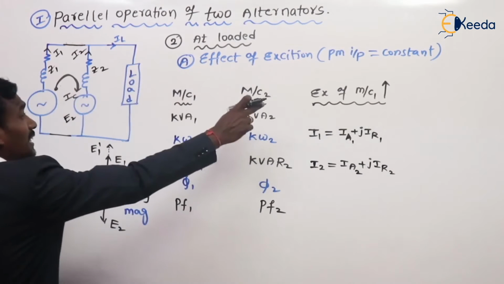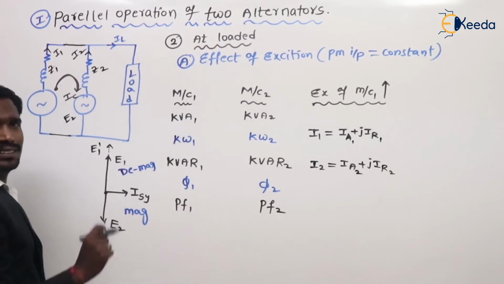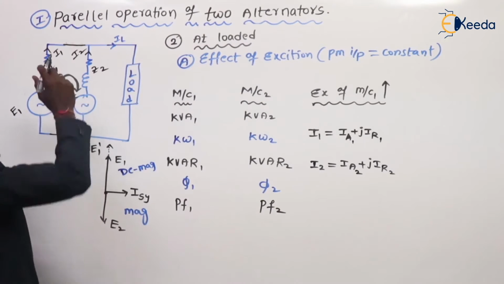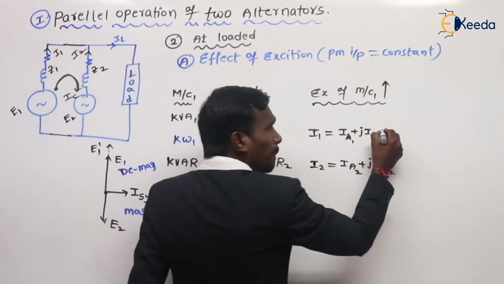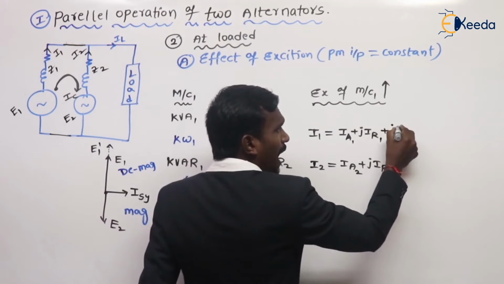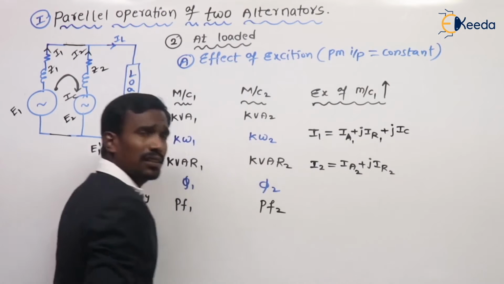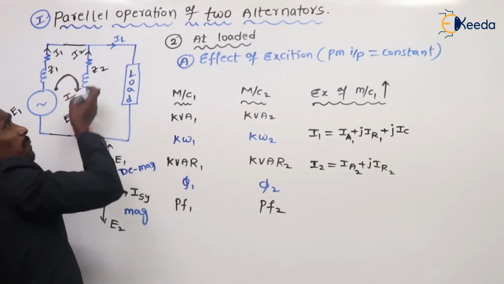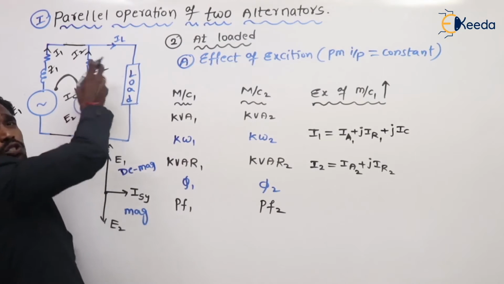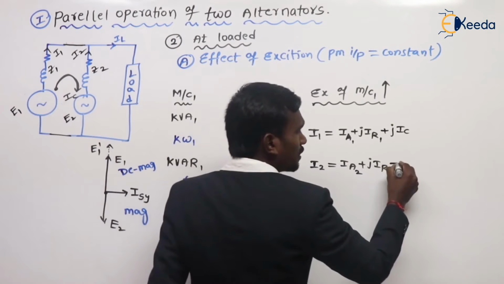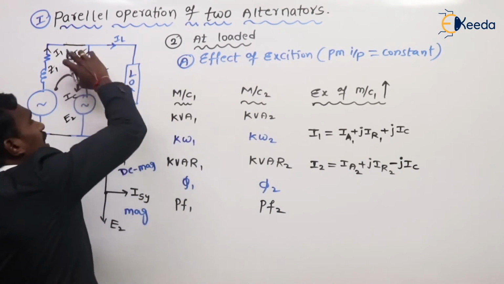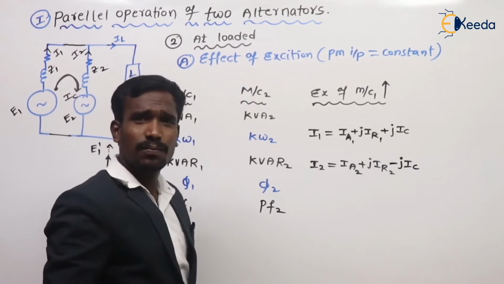But when excitation of the machine 1 increases, it delivers some extra current, plus JIC. This is delivered, but this is subtracted from machine 2. Nothing but this is minus JIC. This is plus JIC, this is minus JIC.